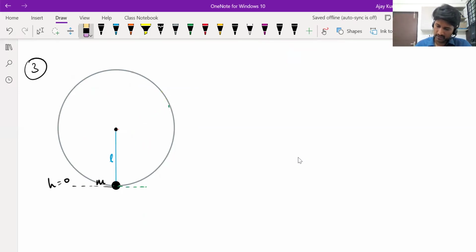What we now want is the initial speed that the bob must be given such that it continues along the circle without falling into it. It should continue along the circle till it reaches the top. Solve this problem, all of you. I'll just adjust the diagram.